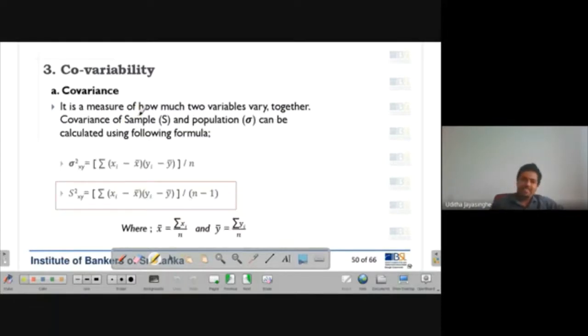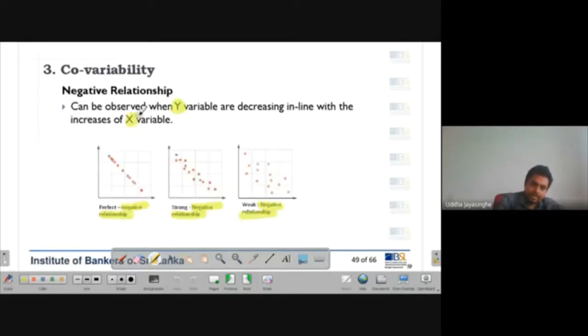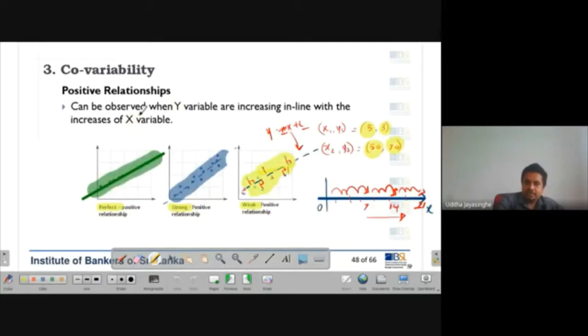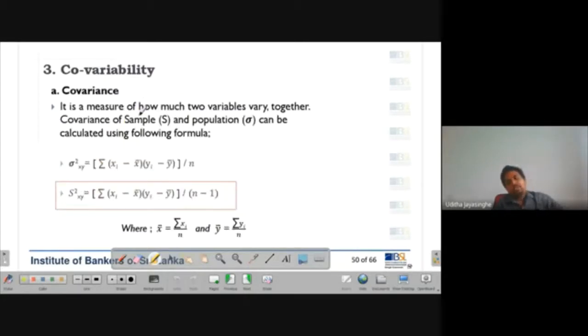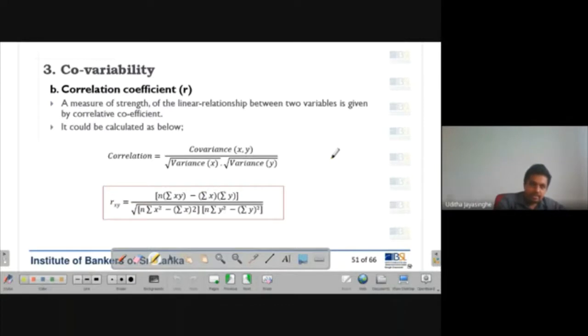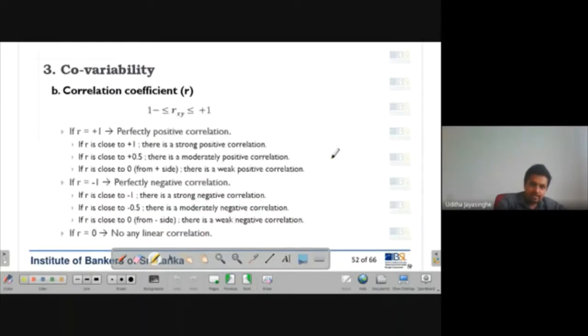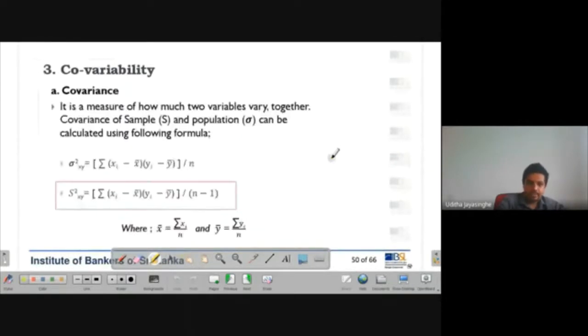Now, for the covariability measures, we learn what these instances are, positive, negative, and now we are going to measure those into an indicator so that we can identify, compare, and come into conclusion for a particular data set. There are a couple of indicators we are going to learn. Covariance is the first one, and correlation coefficient is the second one.